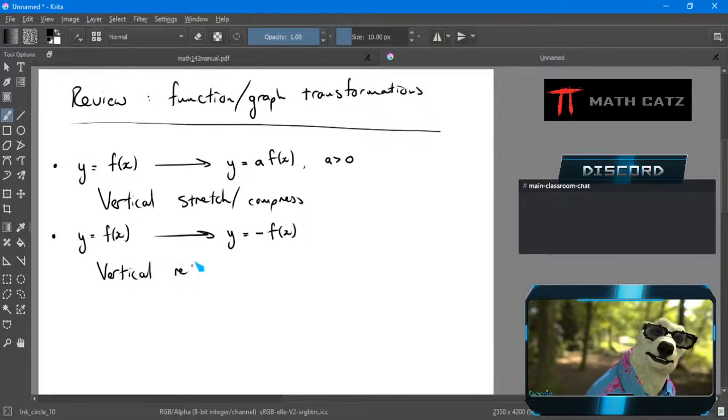It's a vertical reflection, I'll call it. It's a little bit confusing to some people, perhaps. If I call it a reflection in the x-axis, then you focus on the x-axis, which is horizontal. So I'll just call it a vertical reflection. Then I can imagine flipping it vertically. So that might be an easier word to use.